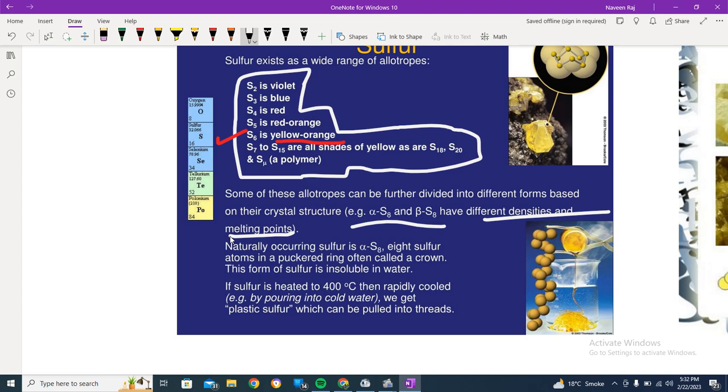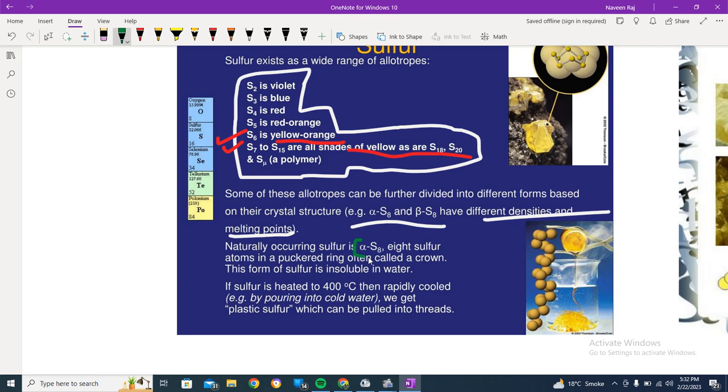Naturally, sulfur occurs as the alpha form. Here I want to include that S2 to S15 is also very common. And here again you get yellow shades of sulfur. Here we have mentioned S7 to S15. So for S2 to S15 there is a large field of work behind it. Naturally occurring is the alpha form.